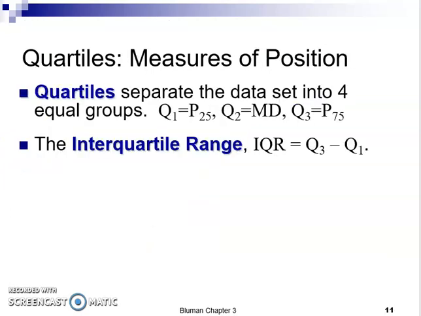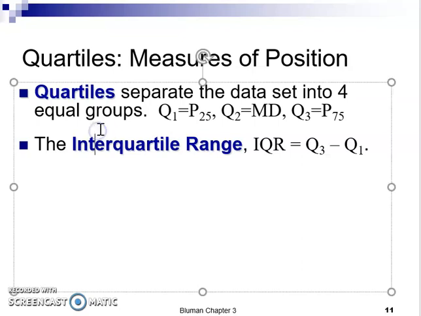Now, what we'll be using primarily for our class is quartiles. And quartiles separate the data set into 4 equal groups, quarters. I know here on the slide it mentions the 25th percentile, the 75th percentile, but we're primarily focusing on quartile 1, quartile 2, quartile 3.